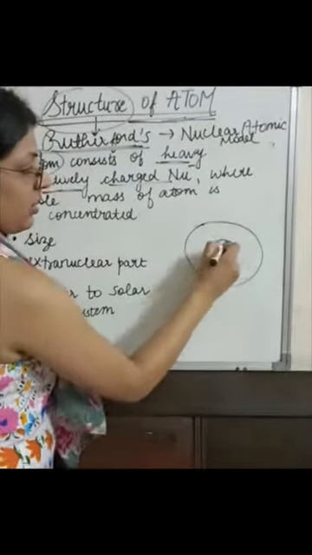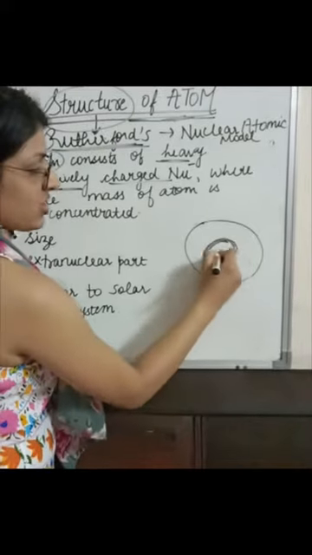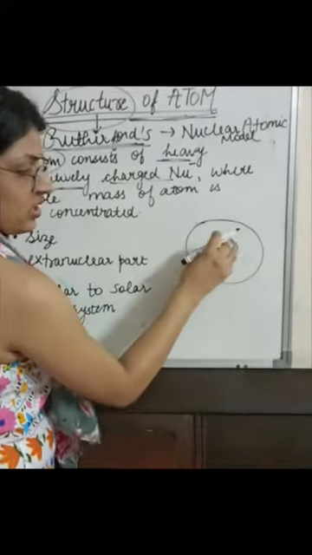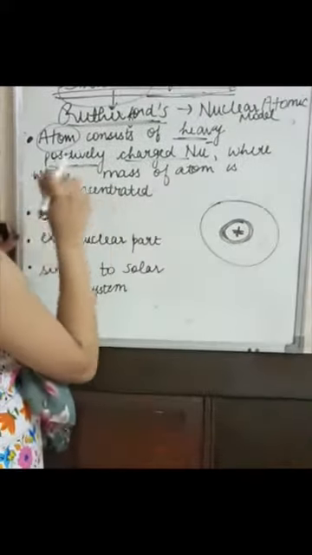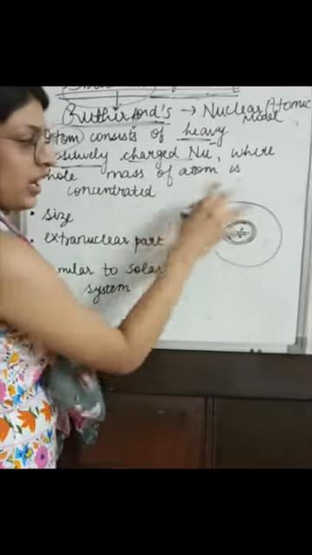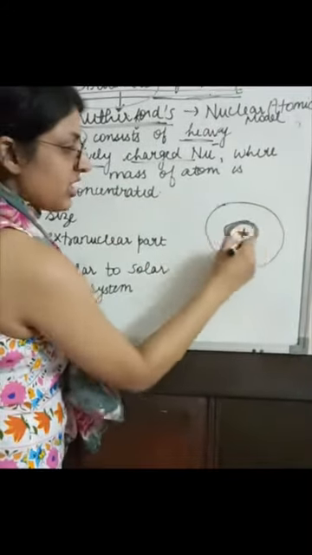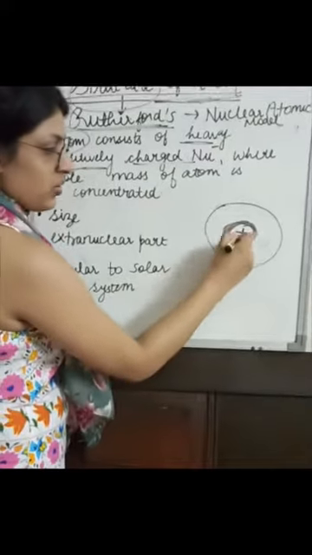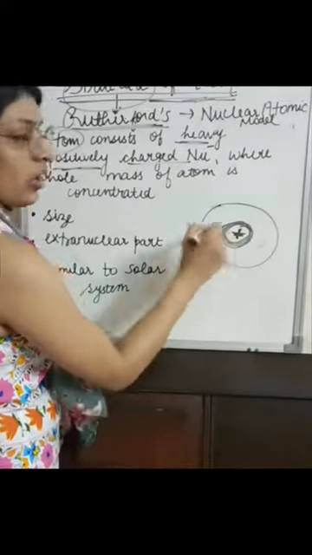This is an atom, and this is a heavy positively charged nucleus, where the whole mass of the atom is concentrated. That is, the whole mass of the atom is concentrated over this particular positively charged portion, called the nucleus.